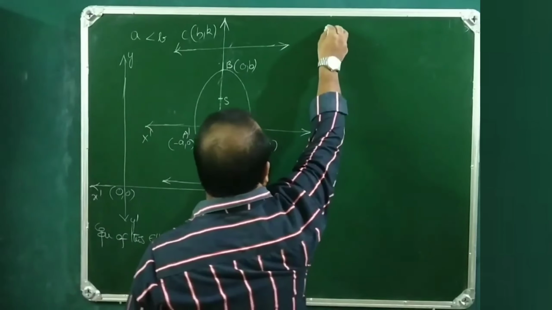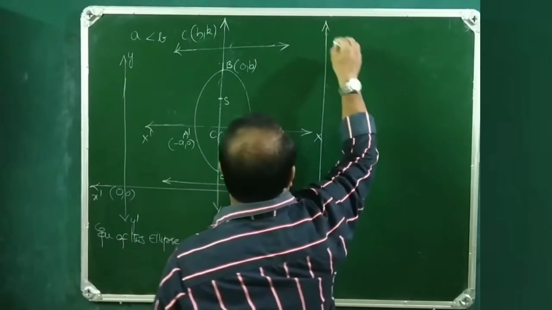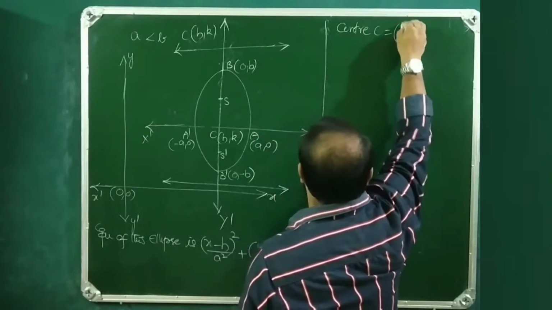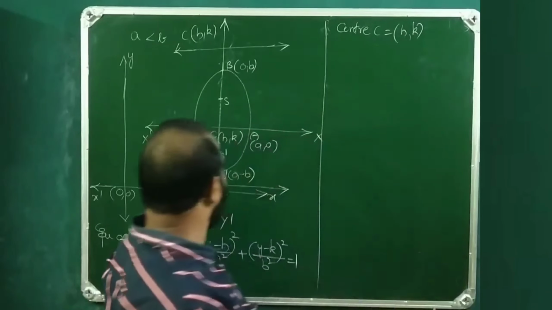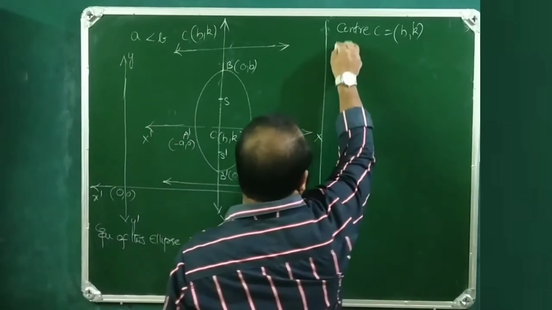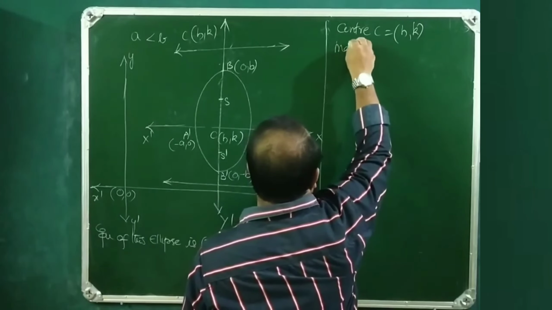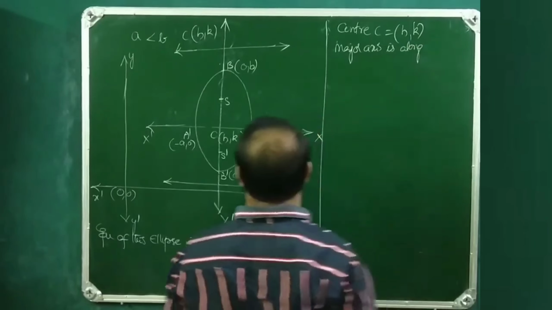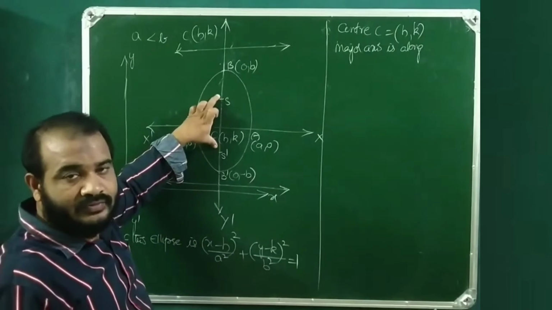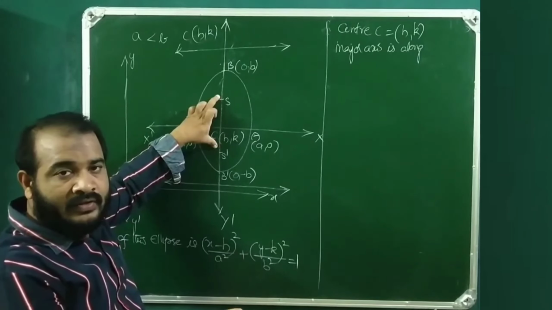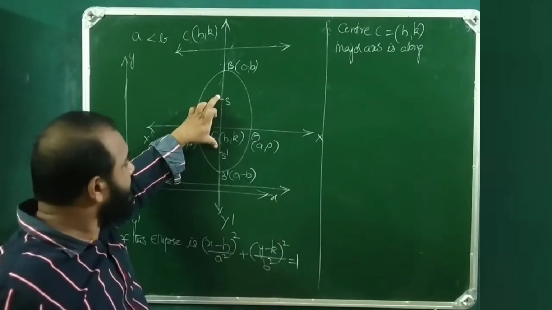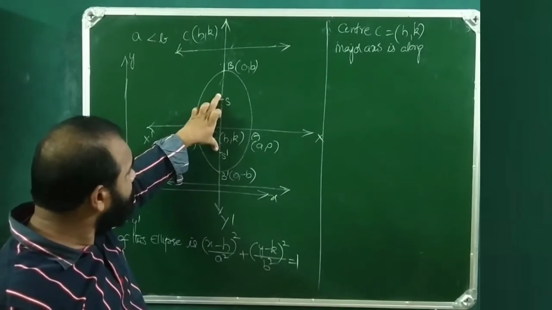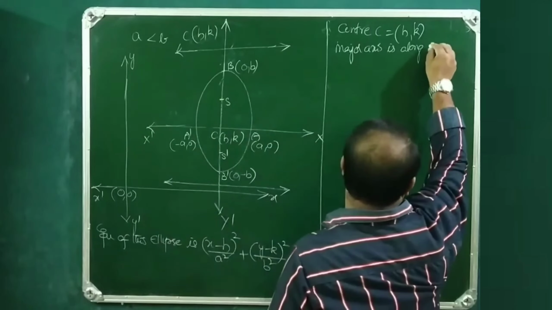Now here the center C is h comma k, other than the origin. So the major axis is along, this is the major axis. When the center is at the origin, this is the y axis, x equals 0. Here it is along x equals h.